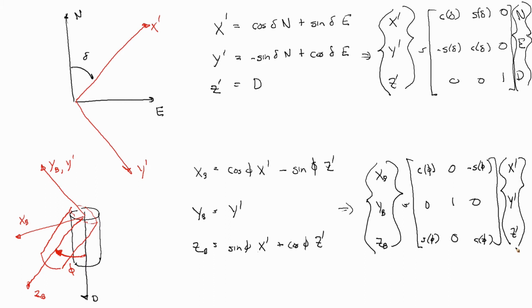Then you should be able to see that if I take the primed axes and replace this vector here with what's on the right side of that equal sign, then I have a rotation matrix times a rotation matrix that takes me from the borehole axes back to north, east, and down. Okay?